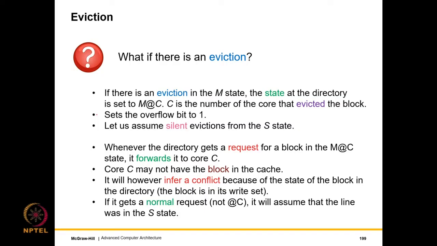So the key point, whenever the cache is being used as the undo log, is that if the entire read and write set can be confined to the cache, for example the L1 cache, then there is no problem. Because if there is a commit, all that we need to do is set the read write bits to 00, which means they are not a part of a read write set anymore, because the transaction is committed.